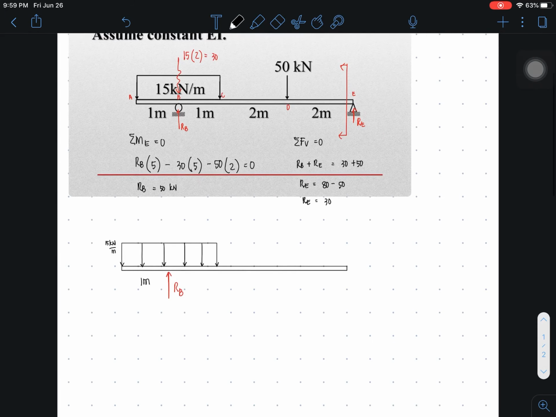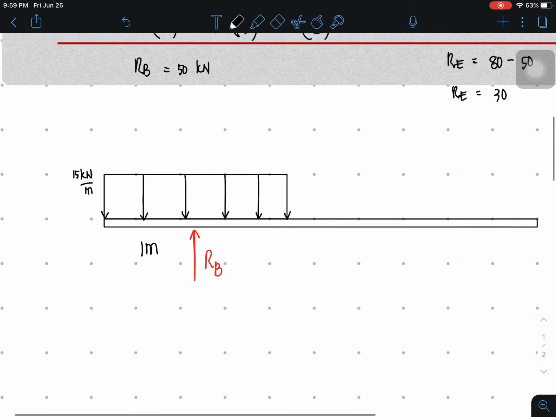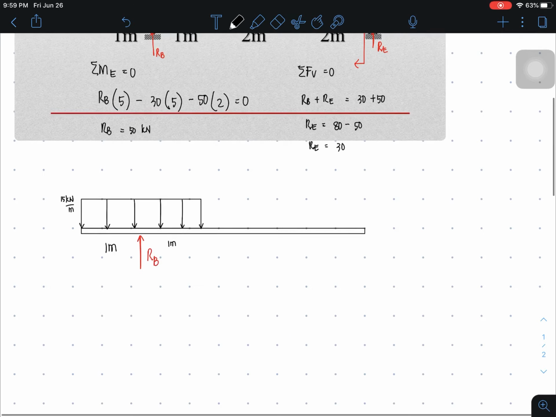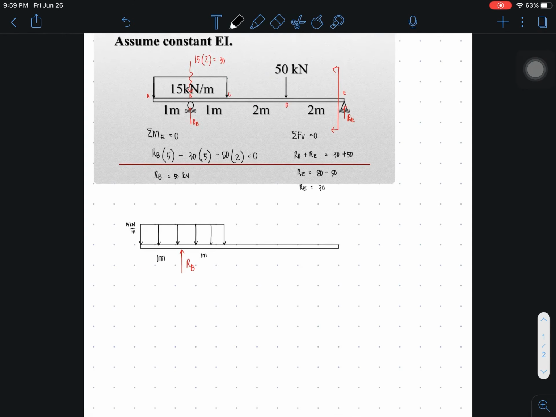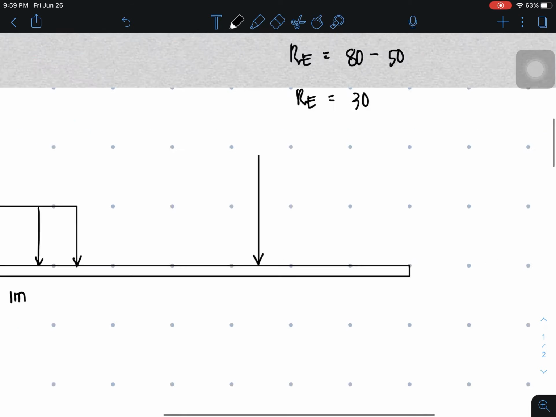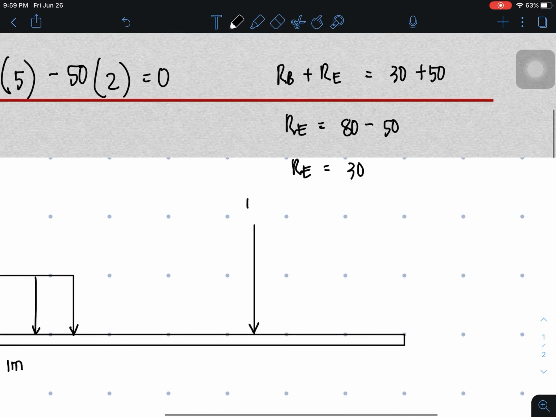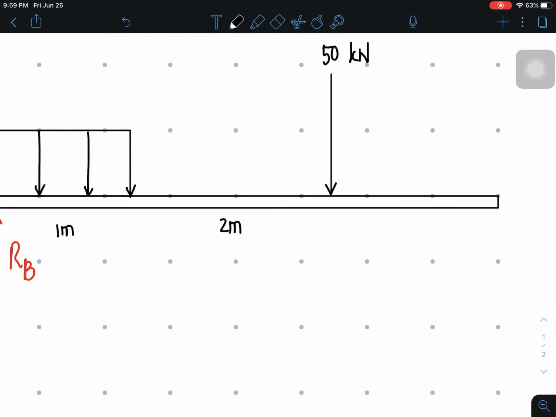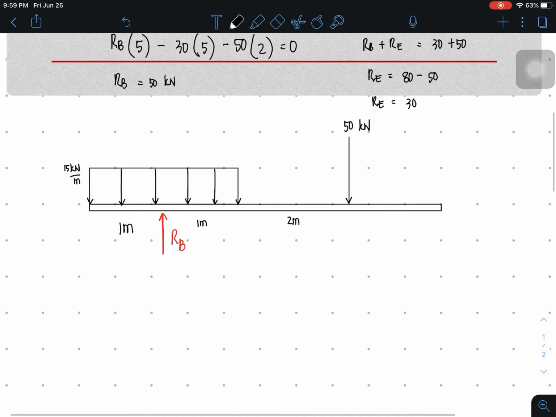So the thing is, you have to really redraw the figure para dili nimo siya masagol sa previous one. And this is 1 meter. And then of course, do not forget that naa kay force dira. This is 50 kilonewtons. And here, this is 2 meters. And kana siya diha kay I'll just leave it blank.